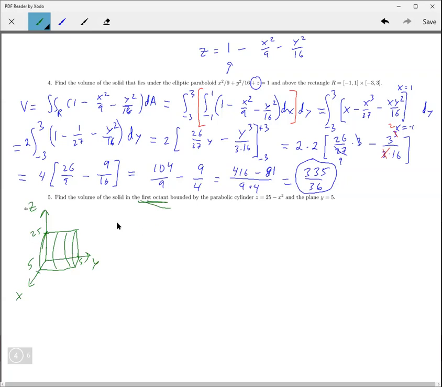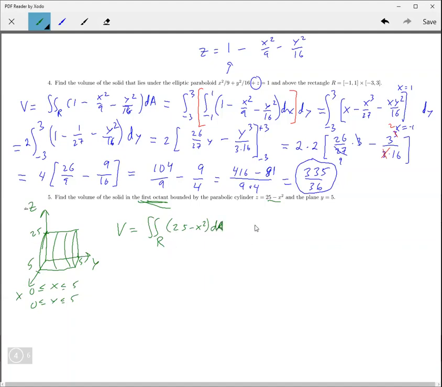Okay, so this rectangle here is x between 0 and 5, and y between 0 and 5. And this is your function right here, 25 minus x squared, dA.